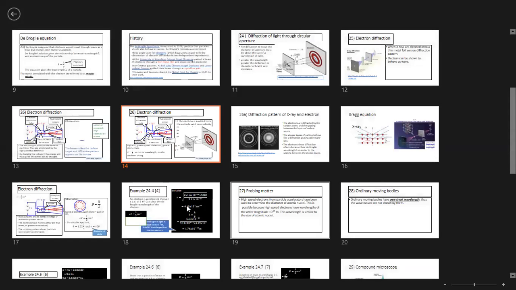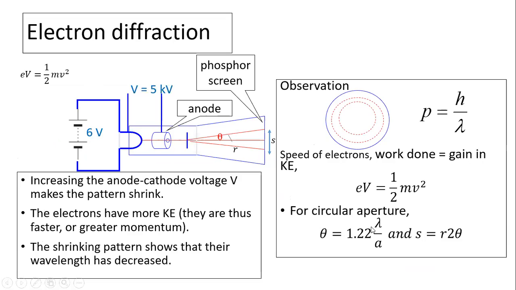It can be a bit confusing, but don't get confused with the two. That theta is this one, and the previous theta is this angle, which is 2 theta. That's why it is times 2 here. And remember that equation there, s equals r times 2 theta, if you use that theta.